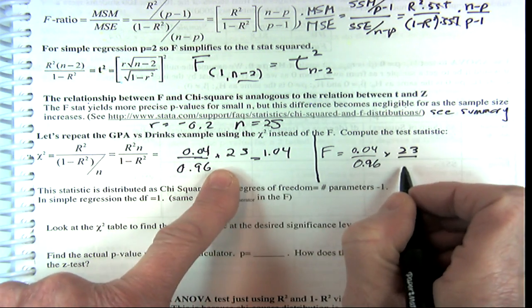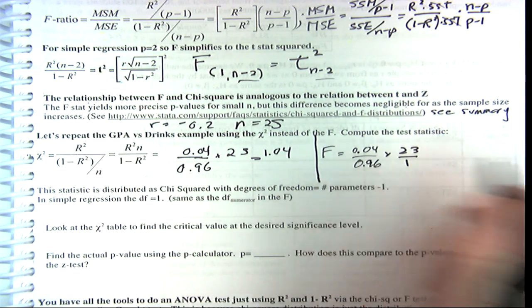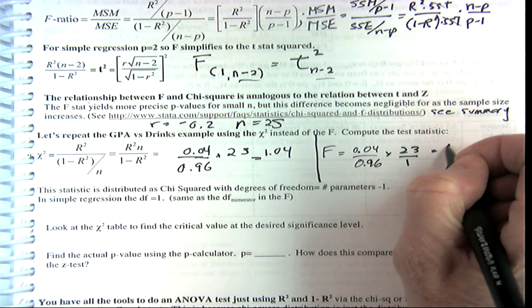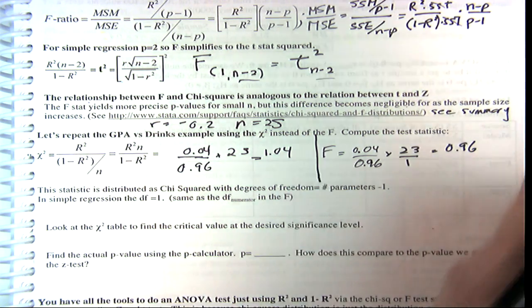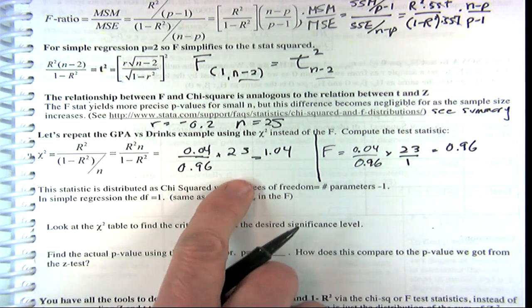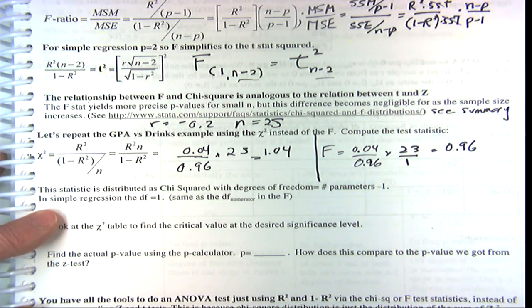And here, p minus 1 is 1. So that's the same, and that's where we get the 0.96. Now this chi-squared only has one set of degrees of freedom. It doesn't make that adjustment for n. It doesn't tweak the n.